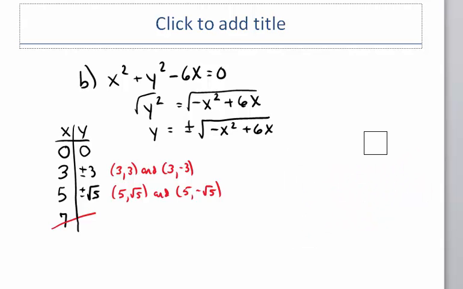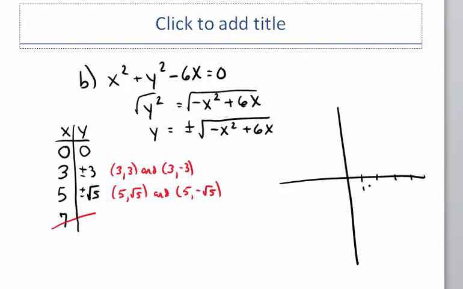All right, so let's see what we have here when we draw our graph. I'm going to go out to 4 this time on the x and y axis. And let's plot our points. So we definitely have the point 0, 0.